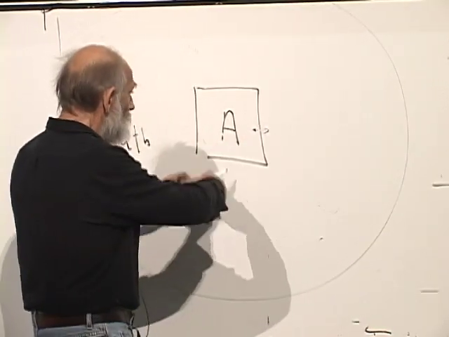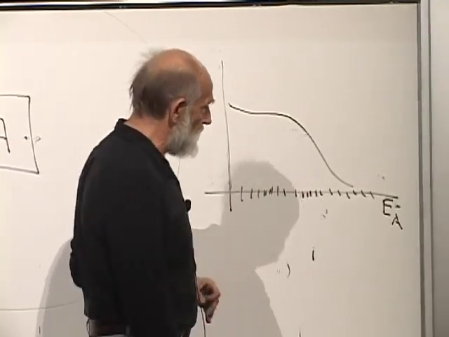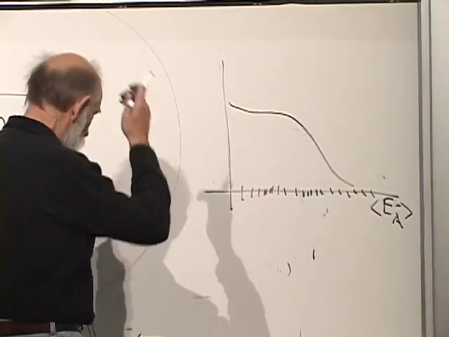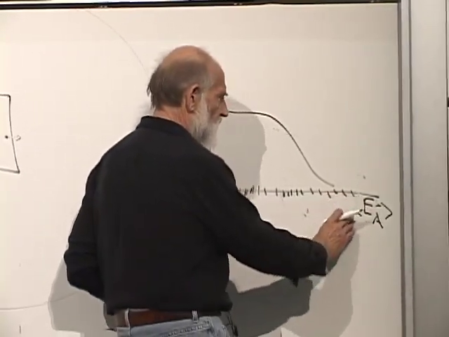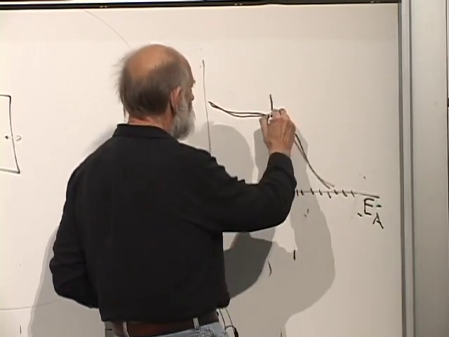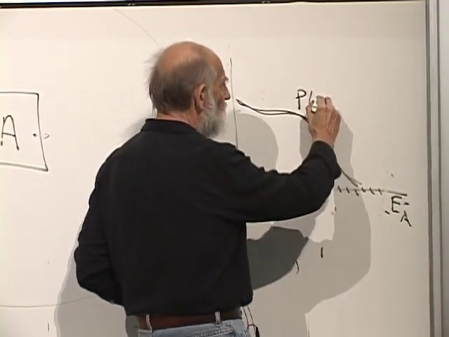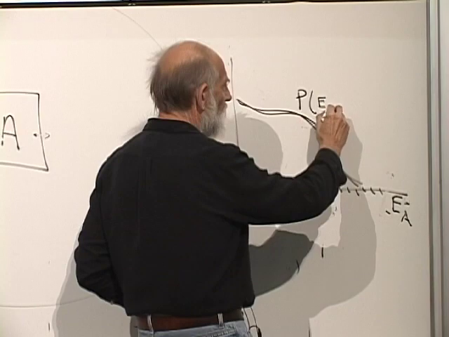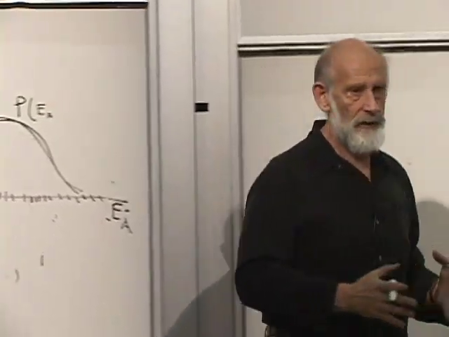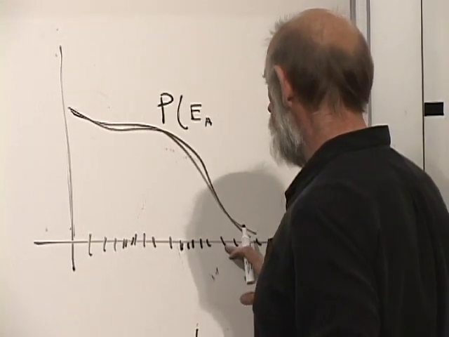All right? So the average energy of A or the total energy, either one, but let's say the average energy of A, or just the energy of A, has some probability distribution, and this probability distribution is a function not only of the energy of A, but also the average energy of A. If you give me an average energy of A, then there will be some probability distribution.